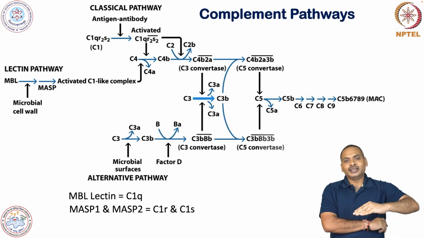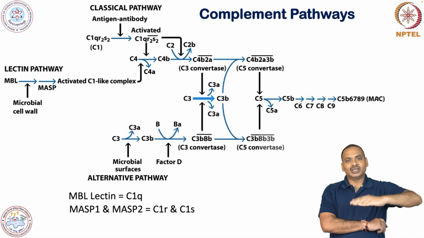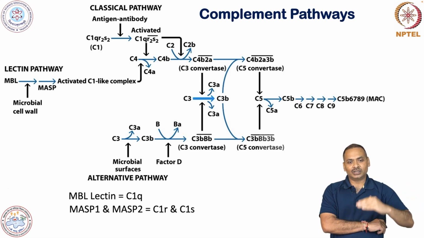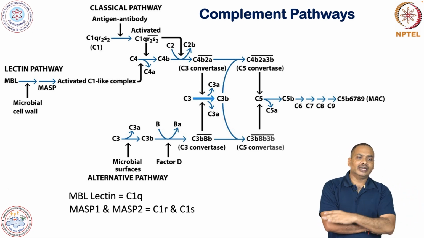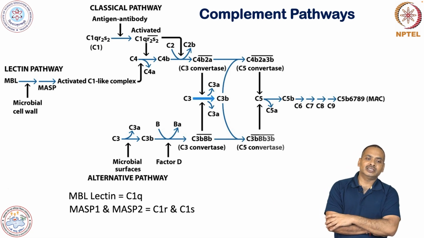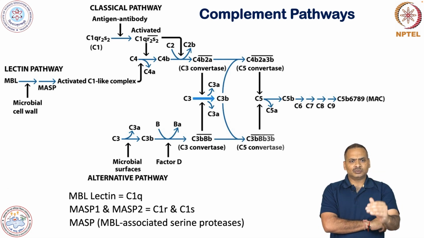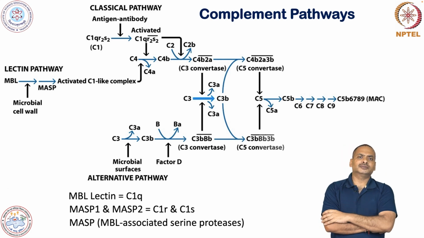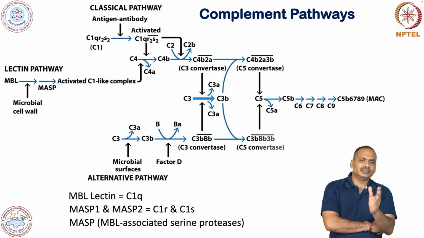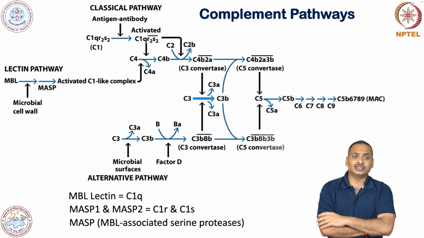Here there is a good comparison between the classical and lectin pathway that I am highlighting. MASP is basically MBL associated serine protease, and this basically triggers the lectin pathway, and the downstream pathway is the same as the classical pathway.